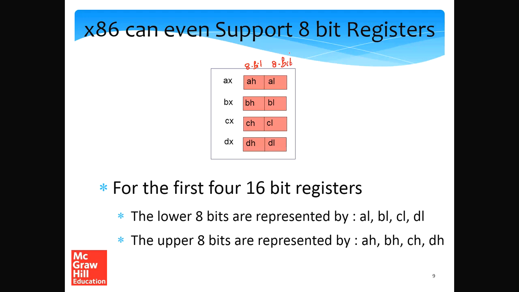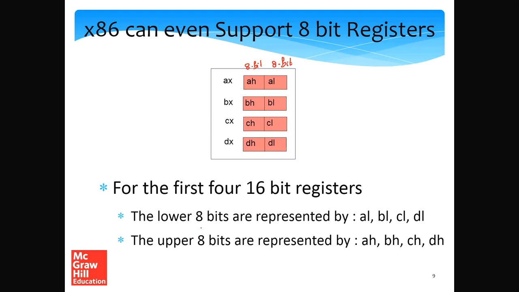In this case also, it helps us write slightly more efficient code if we need to access values at a byte level. Compatibility with the 8080, which was an 8-bit processor, is not really that important, but this allows us to access information at a byte level, which is much more important today at least.